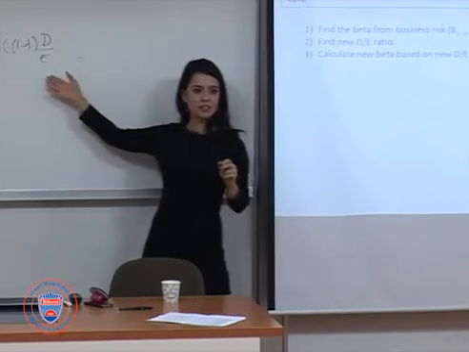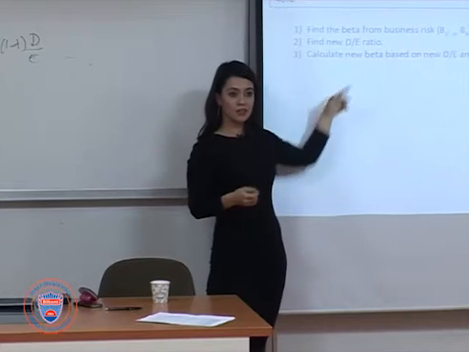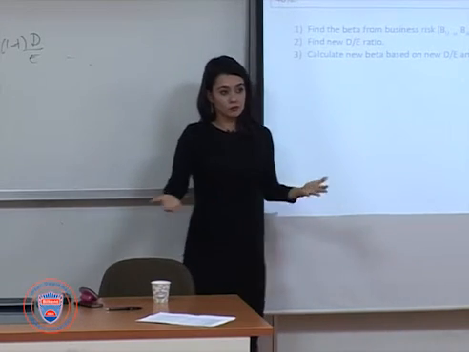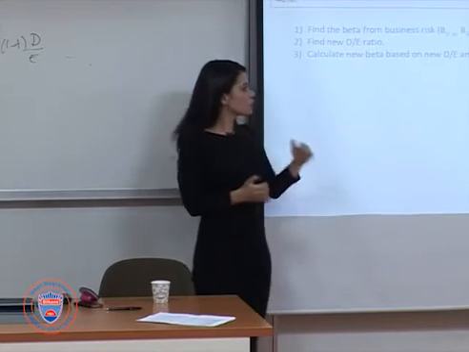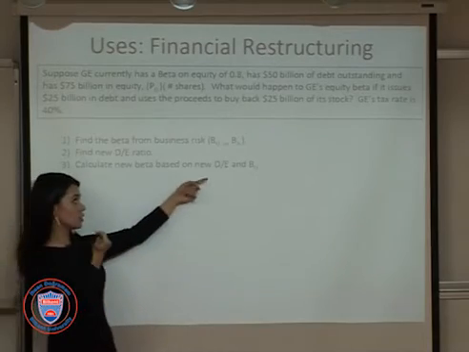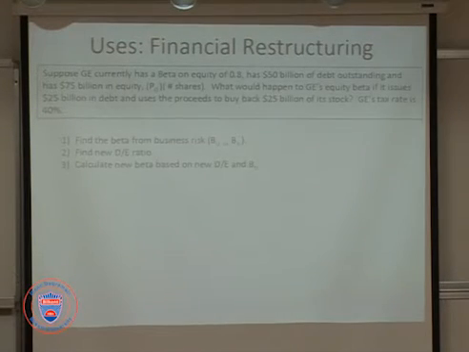I will always use the same formula for that. Then I'm going to calculate the new debt to equity ratio. Simple. Then I'm going to calculate the new equity beta using the new debt to equity ratio and the asset beta I just calculated in the first step. So the steps are very clear, and I think you got the intuition.